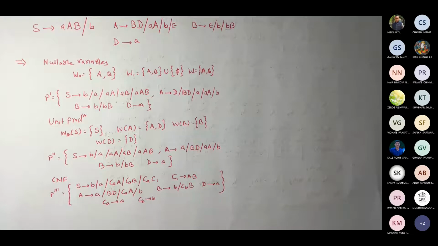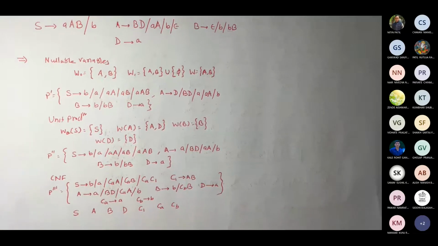Is this in CNF properly? Is this in CNF now? Yes, sir. Because we are having only one terminal or two non-terminals. So let us write the variables now. So you have S, A, B, D, C1, CA, CB.